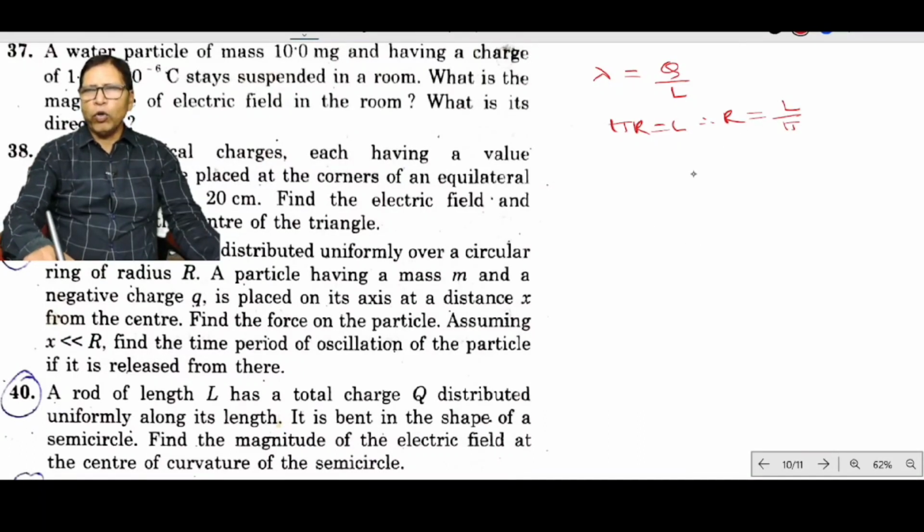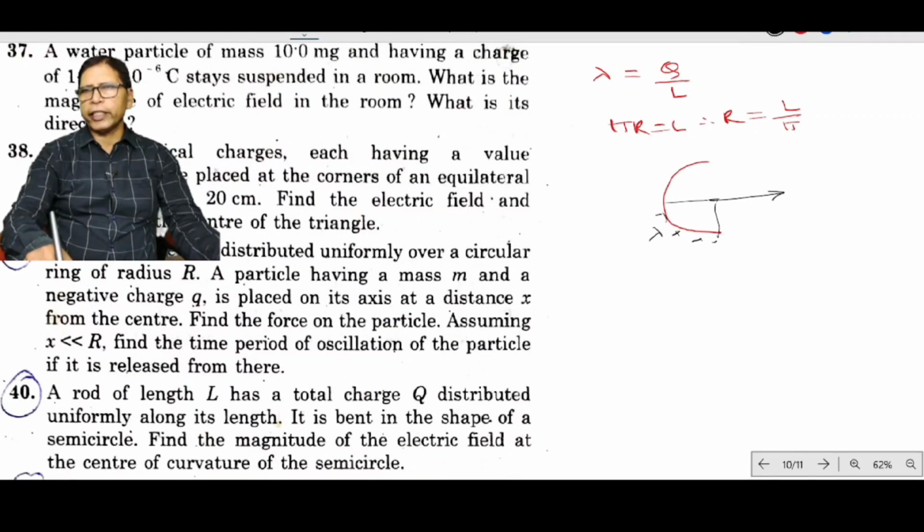Okay. Now look at this, this is the semicircular portion. Okay, no problem. It is divided into two parts, two quarter circles. This is the lower quarter circle, having linear density of charge lambda.